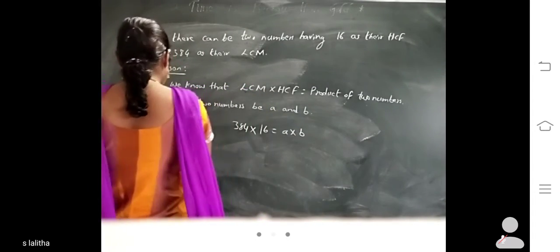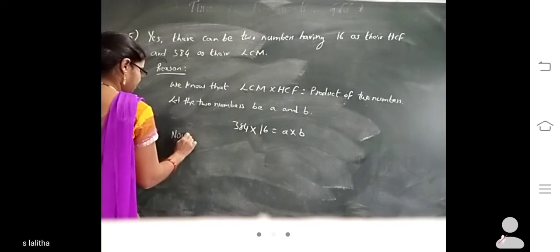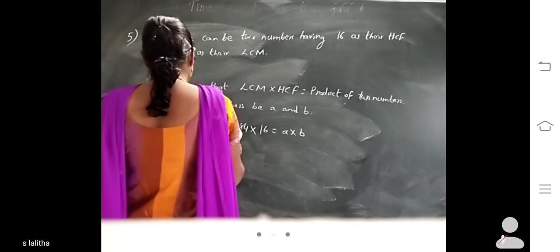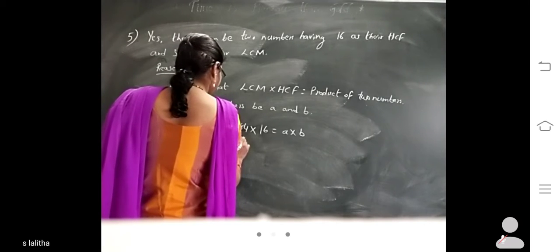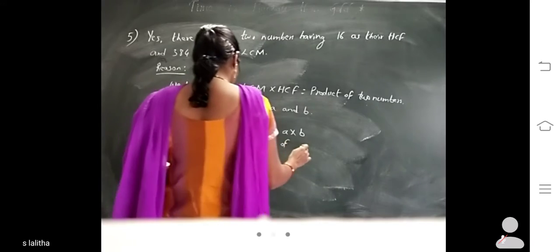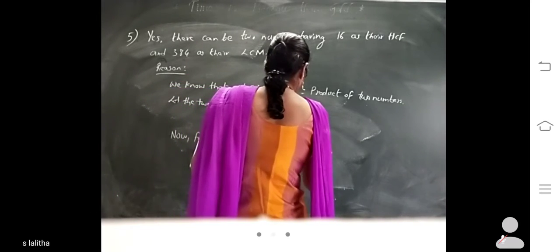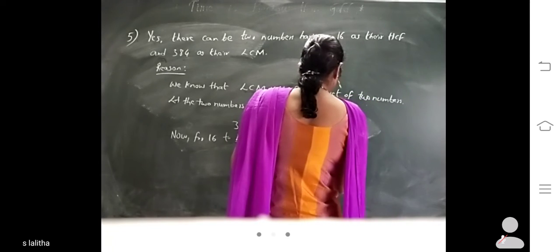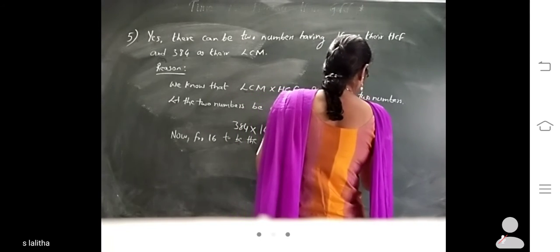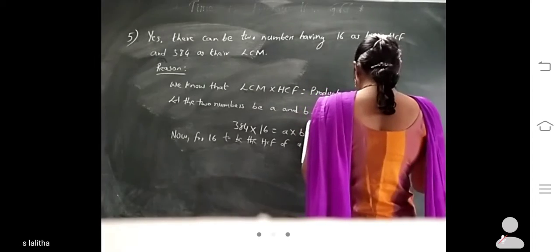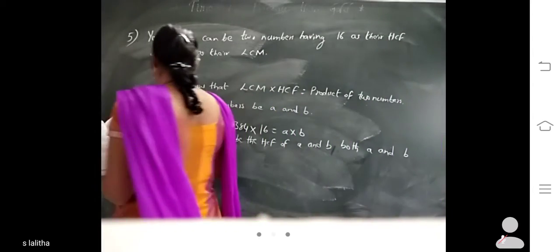Okay, now for 16, both A and B must be multiples of 16.